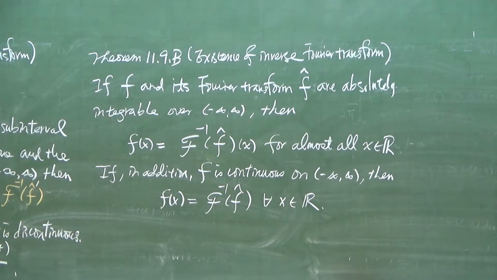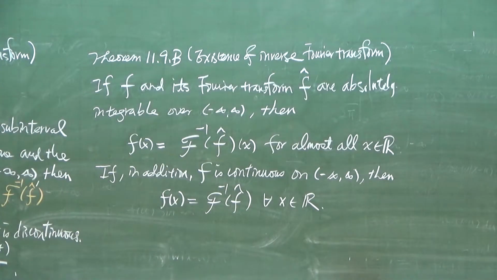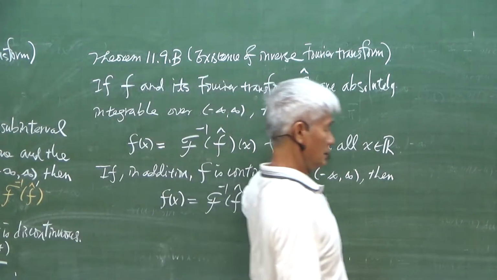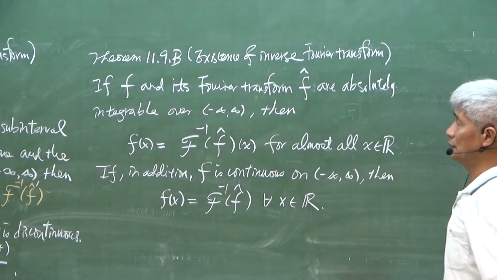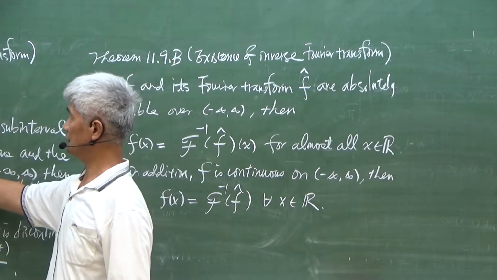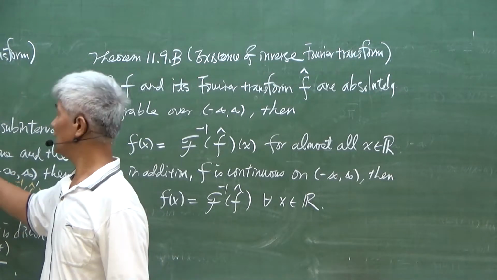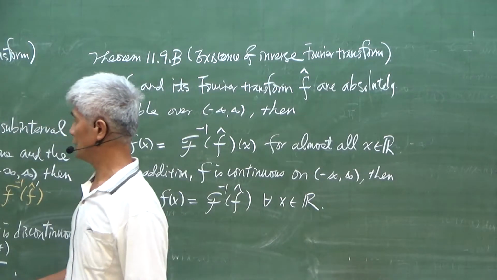So this version somehow is more general than the earlier version. But this version requires that the Fourier transform f hat is absolutely integrable. And in the earlier version you do not need this condition, but you need the other conditions on f.